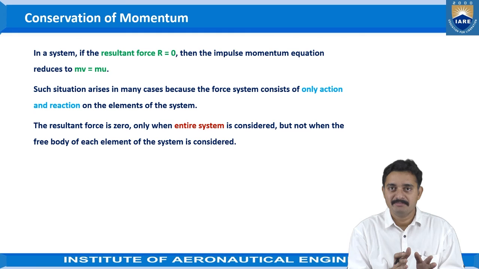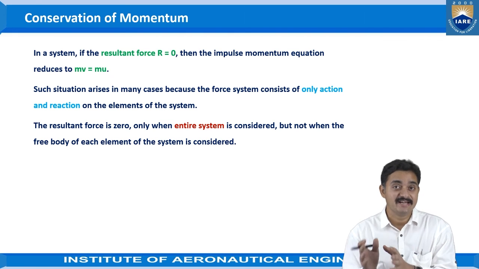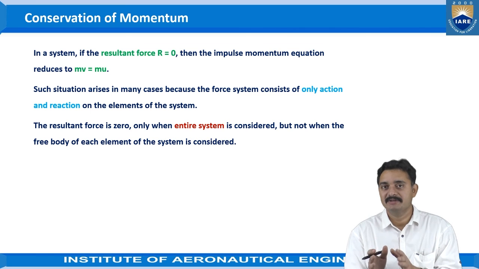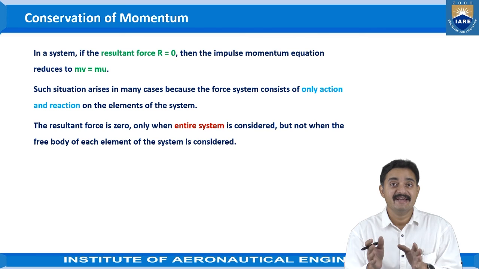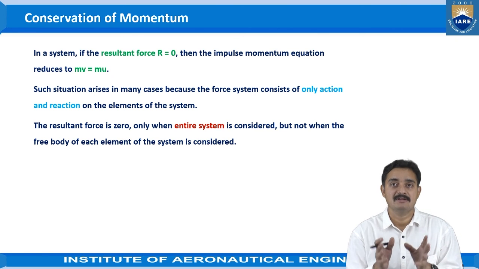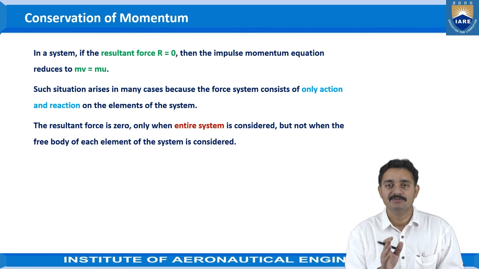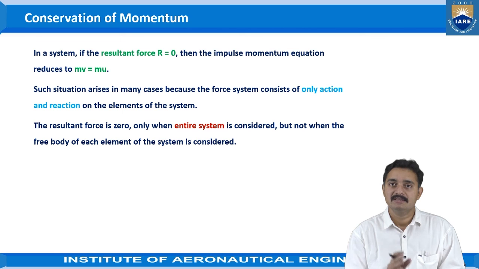When the action part is happening, there would be some effects on the system, and when the reaction part is happening, there would be some effects on the system. When both action and reaction, that means before the application and after the application of the forces, are combinedly considered, then only the system can be considered as in equilibrium state, or the resultant is equal to 0.